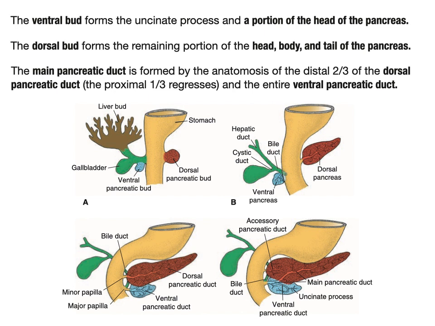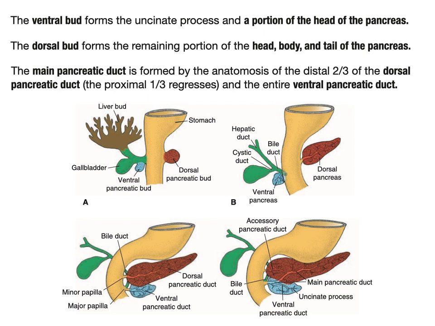Normally, the ducts corresponding to these two parts of the gland merge into only one, where the head's duct will correspond to the proximal third of the adult duct, okay? And the part that corresponds to the body and tail of the pancreas is going to represent the two distal thirds of the adult duct.